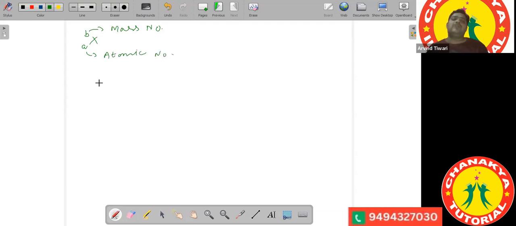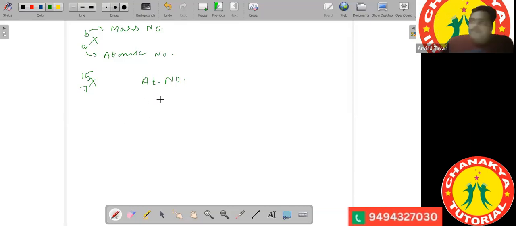So suppose you have an element X written like this, suppose it has 7 and 15. So what is the atomic number of this element?